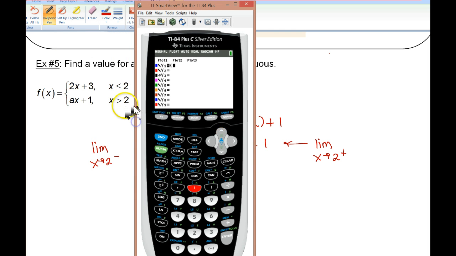So here we have 2x plus 3. And then this one, we obviously don't want to use A. We're going to use, what do we get for A? 3. So we have 3x plus 1. And this is going to be x greater than 2.